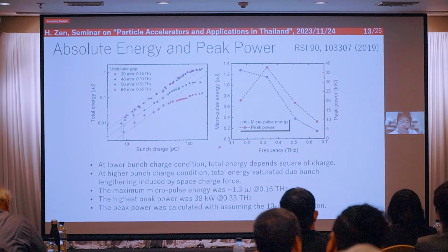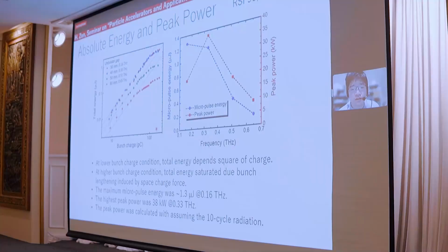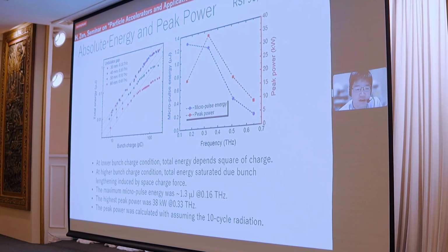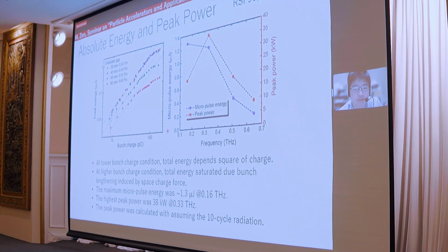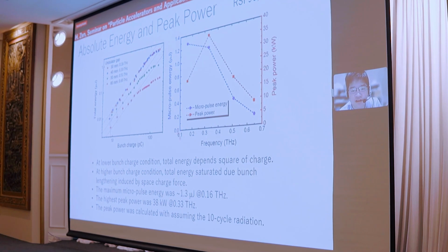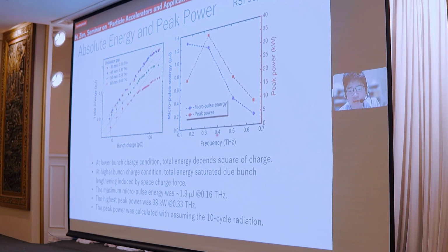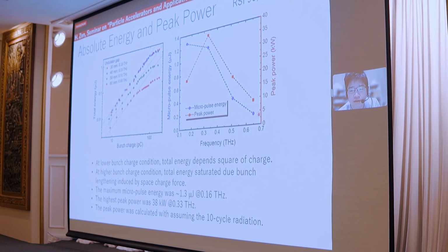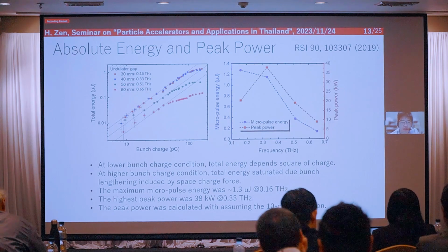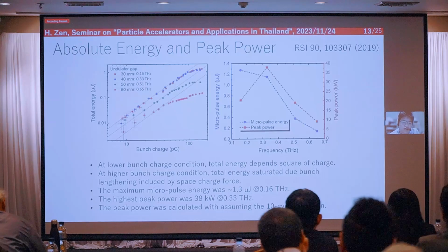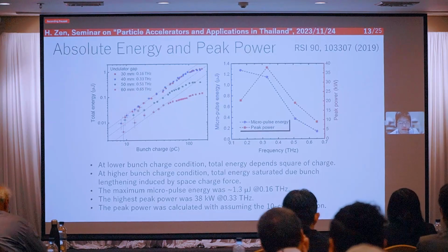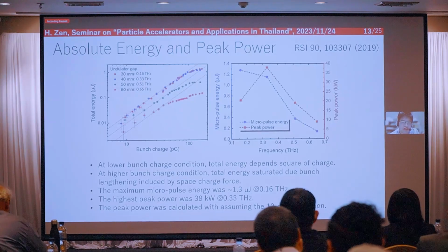And we performed the absolute energy and peak power characterization. And this is a graph of the total energy against the electron bunch charge. And this is the micropulse energy against the frequency of the radiation, and also peak power. In the lower bunch charge condition, the total energy depends on the square of charge, like this.